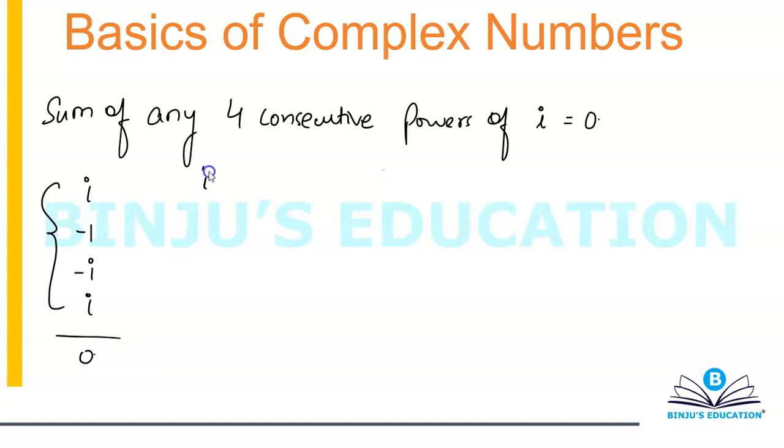Iota to the power 5 was iota, iota to the power 6 was -1, to the power 7 was negative iota, iota to the power 8 was 1. This will also be equal to 0. In fact, take any four consecutive powers.